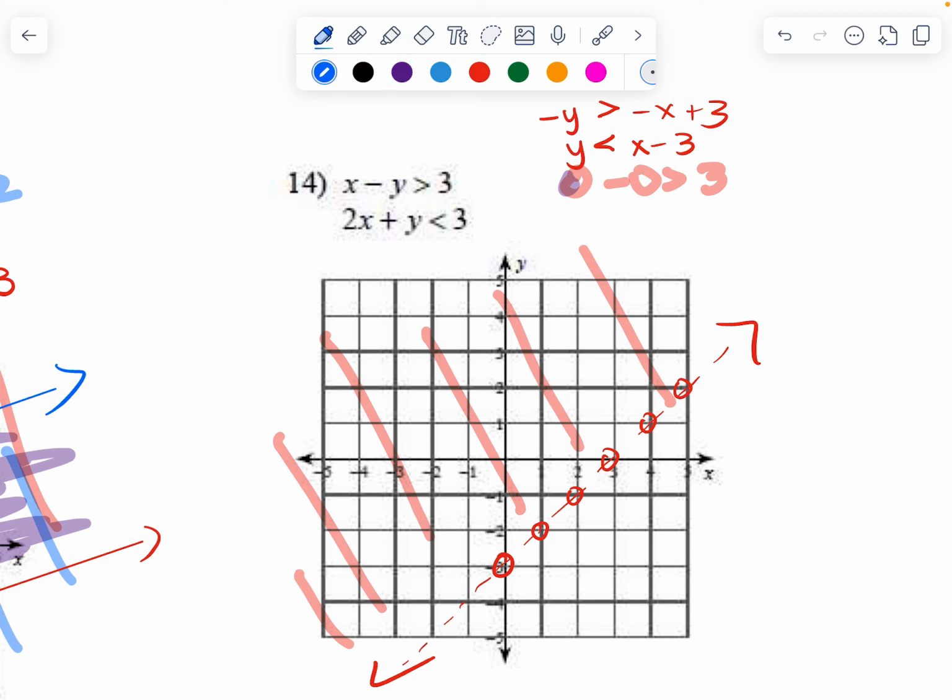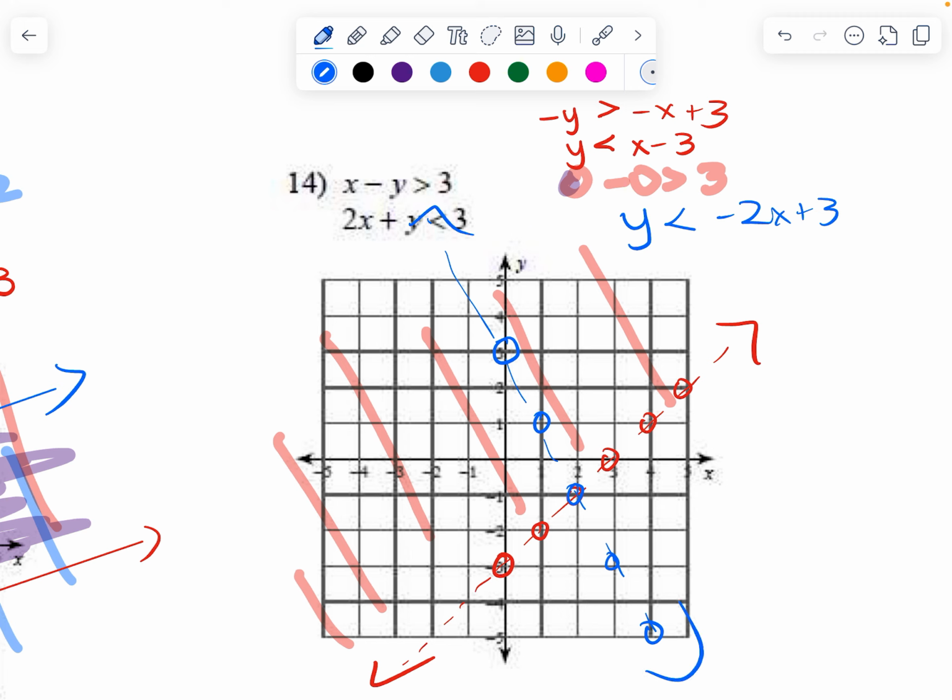Then on this one, I would do y is less than -2x plus 3. So I'll go up to +3 and make an open dot. And I go down 2 to the right 1, down 2 to the right 1, down 2 to the right 1.